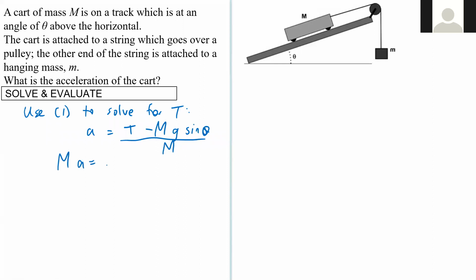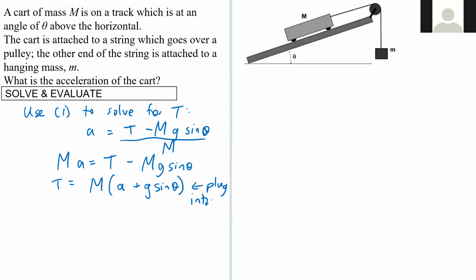I've got capital M times a is T minus capital M times g times sine theta. So T is equal to capital M times a plus g sine theta. I'm going to plug that into equation 2, and that'll eliminate the variable I don't care about, T.